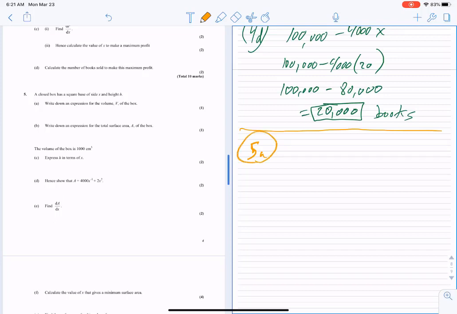The box has a square base of side x and height h. If I imagine this box, I'll try to draw it. It's got a square base, so every side is x. And it's got a height, which we're calling h.